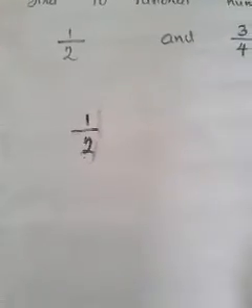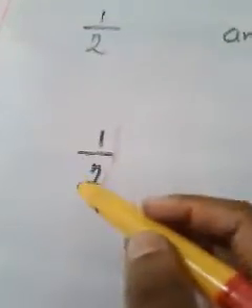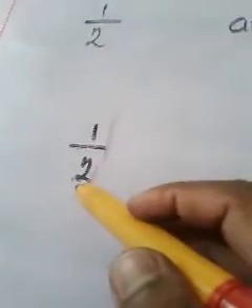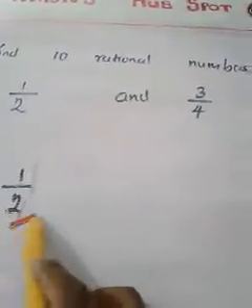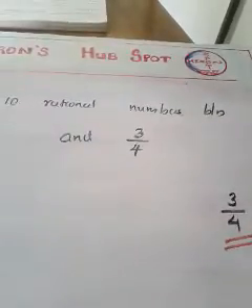So I told you I have to make the denominator bigger and bigger. So think about the multiples of 2 and multiples of 4. Think about the common multiple of 2 and 4. Can you say which are the common multiples of 2 and 4? Can you say that 2 is a multiple of 2 and 4?